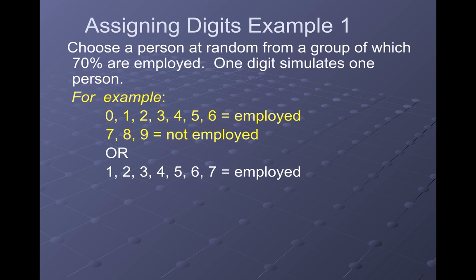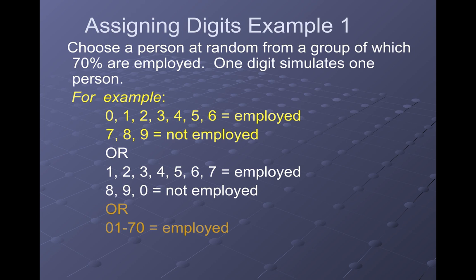We could also divvy it up this way. I could say 1, 2, 3, 4, 5, 6, 7 represents employed, and 8, 9, and 0 represents unemployed. Same thing, 70% of the digits are employed, 30% unemployed. Or I could go with 2-digit numbers.